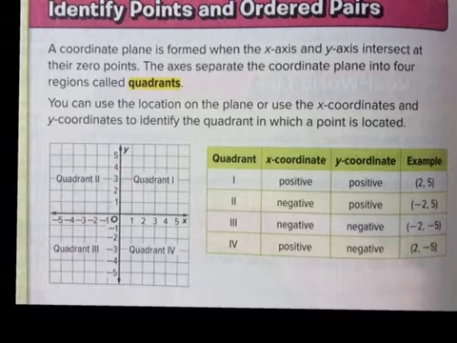Quadrant 3, what is it? Well, we have to move this direction first, so it's negative, and then down negative, right? So this one's negative, negative. You can see it right there. See the numbers? And then quadrant 4, we have to first move towards the positive and then down to the negative. So positive, negative.